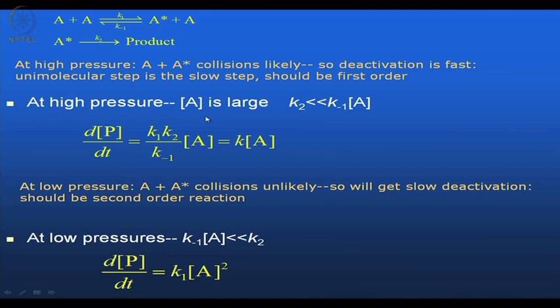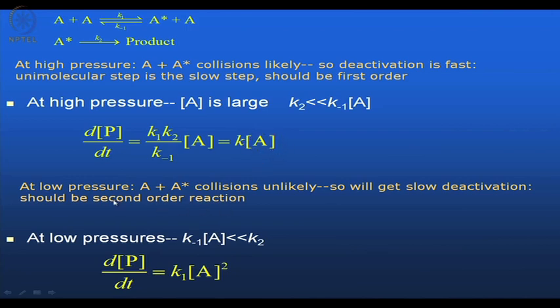Therefore, at high pressure your effective concentration of A is large, and you can neglect K2 compared to K minus 1 times A. The expression for the overall product formation rate is reduced to K1 K2 divided by K minus 1, which is nothing but some constant times the concentration of A. That means it is first order with respect to A. Under high pressure condition, only one molecule is involved in the overall rate equation.